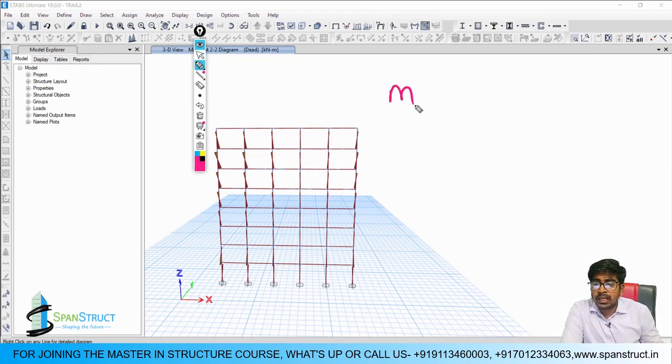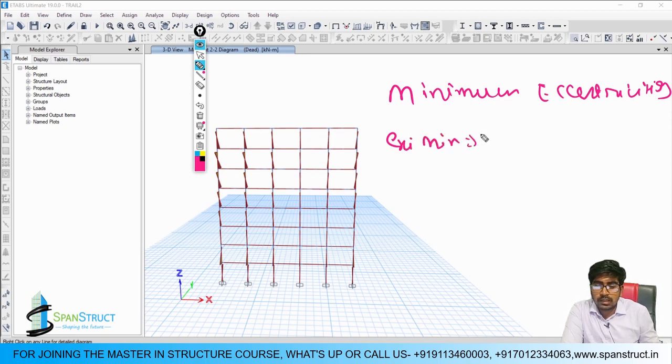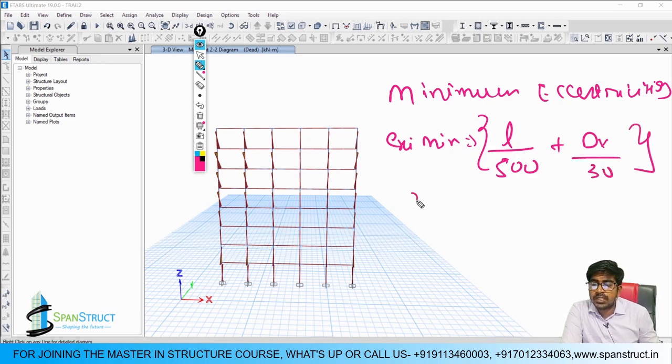So I would like to write here that the minimum eccentricity, in either of the axes, will be equal to L by 500 plus dx by 30, subjected to 20 mm.